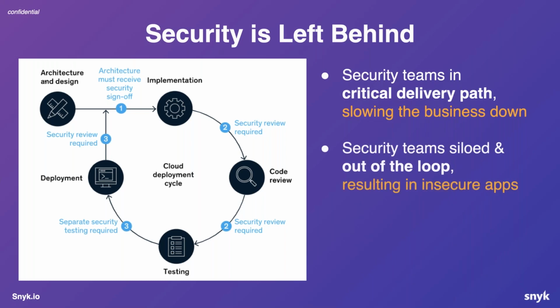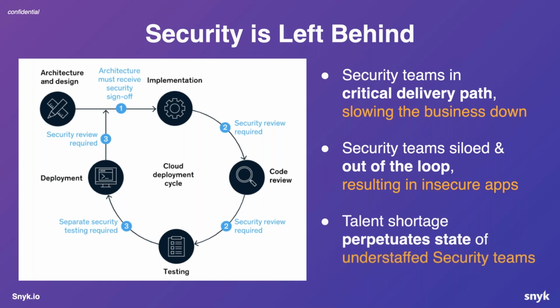But the challenge is that security teams tend to be siloed and out of the loop, and that can result in insecure apps being released. And probably the biggest driver for that is the pure talent shortage. If you look at the developer to security persona ratio, you're going to see that in the AppSec space, there tends to be a shortage and understaffing.